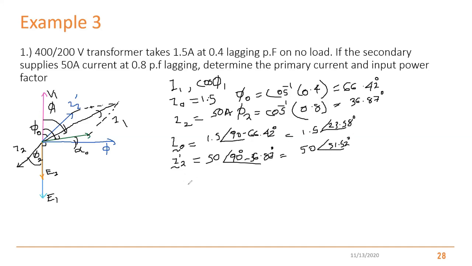Okay, so now I1 phasor is given by I naught phasor plus I2 dash. So now you can add these two phasors together to obtain the I1.